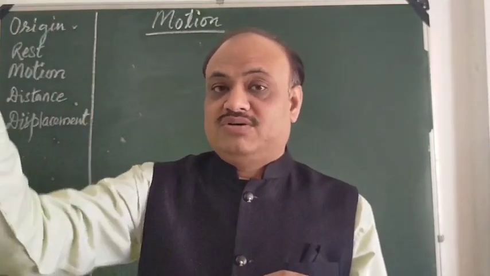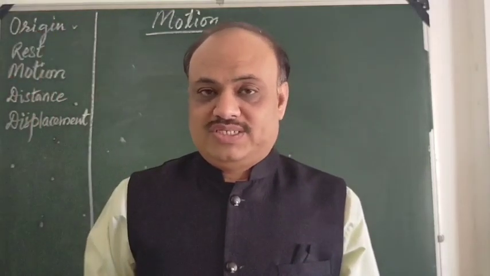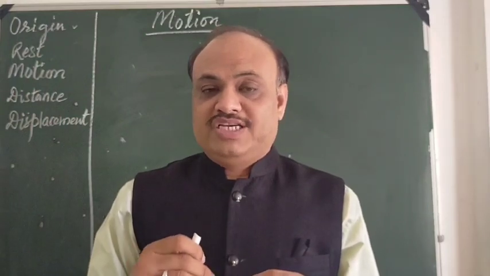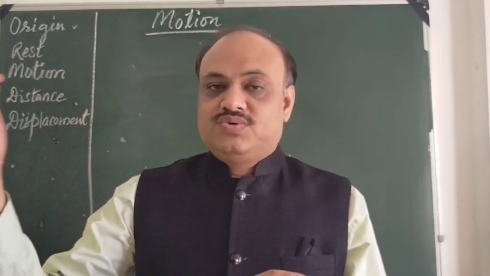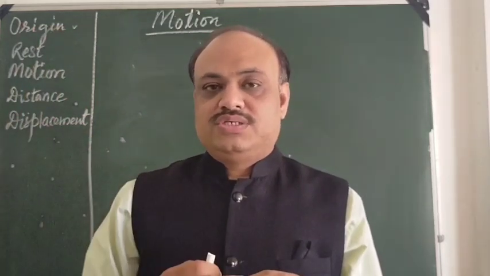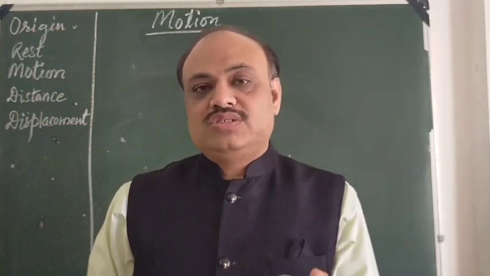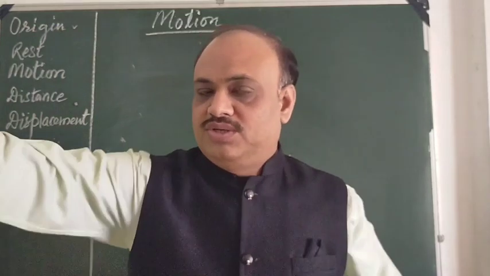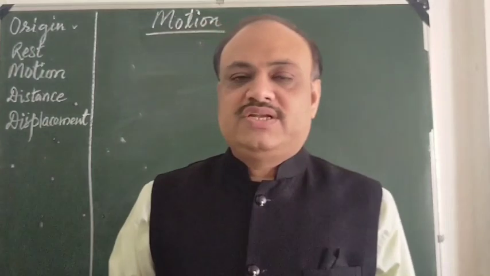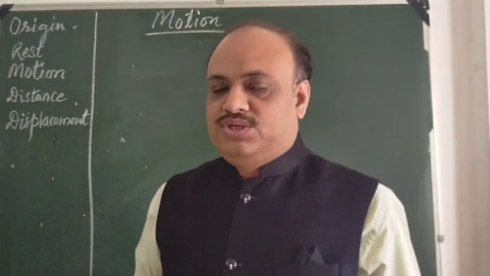Ram's house or Sham's house, these are the reference points. But it is chosen. It is my choice, with respect to what point I am measuring the distance. So origin is simply defined as the chosen reference point for the measurement of distance.